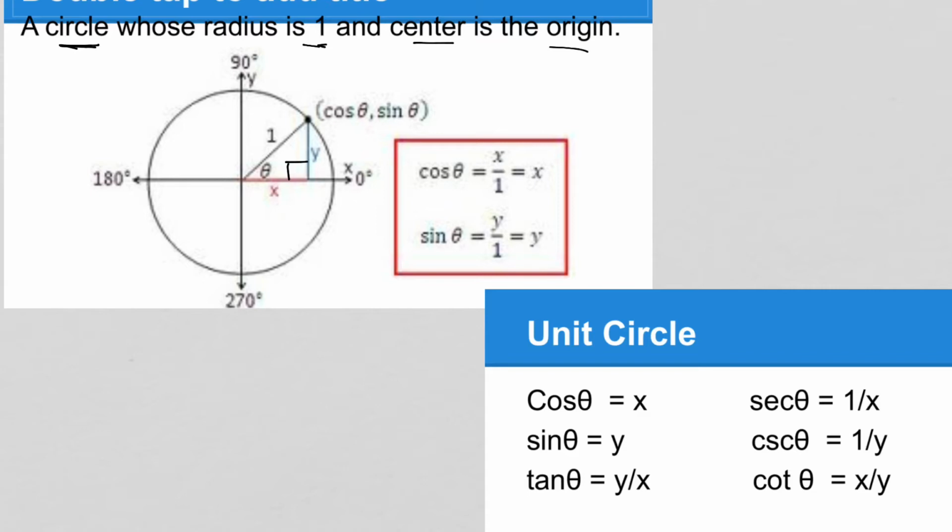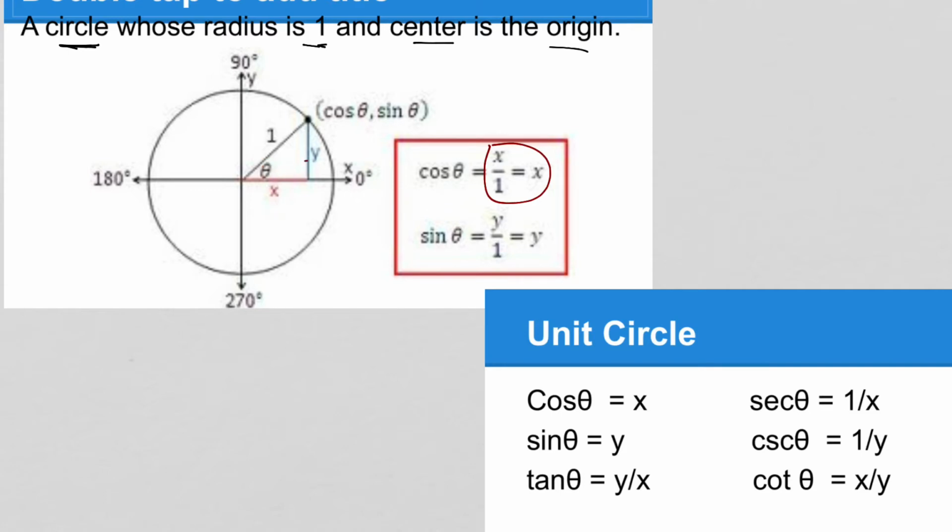So if I ask you to find the cosine of theta here, well, we know cosine is adjacent over hypotenuse. The adjacent side is x, the hypotenuse is 1. That's how they're getting cosine to be x over 1, or x. All right, let's erase this again.